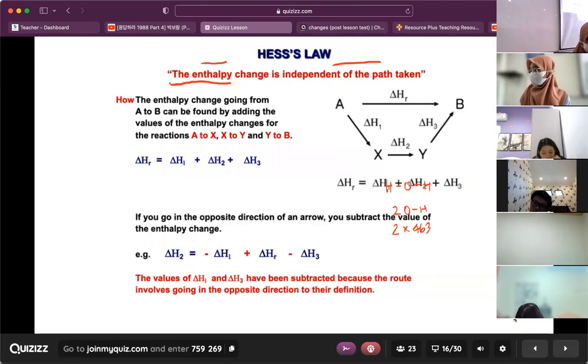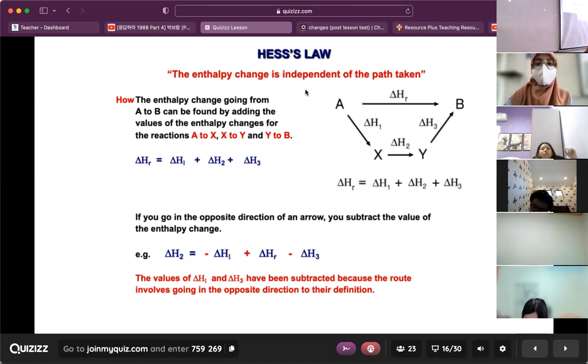Okay, so this one is Hess's Law. We will learn more later, yeah. It's just a short review about Hess's Law. Hess's Law says the enthalpy change is independent of the path taken. What does it mean?